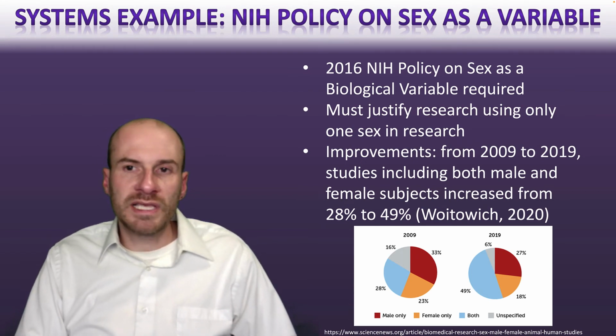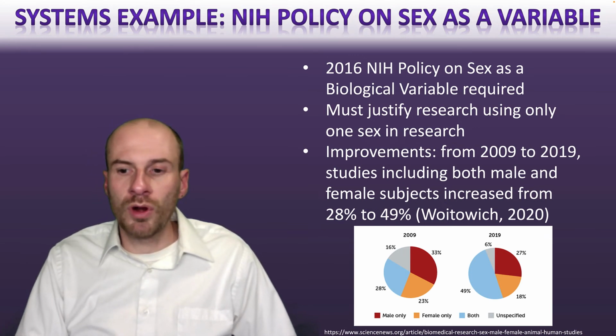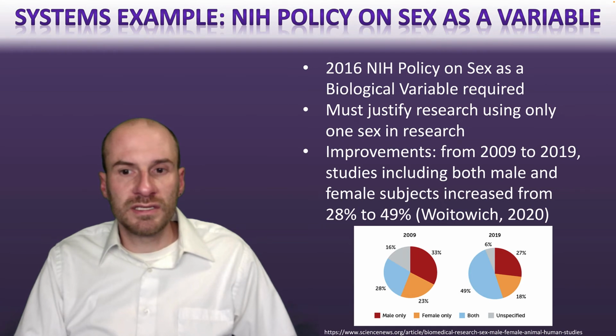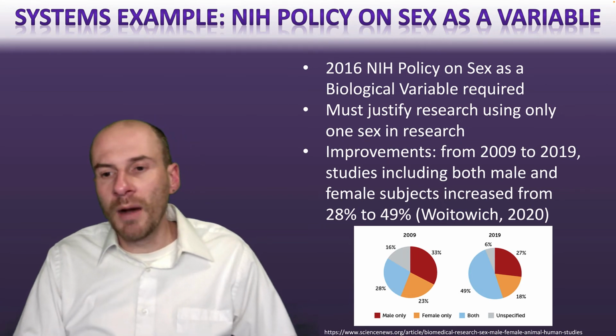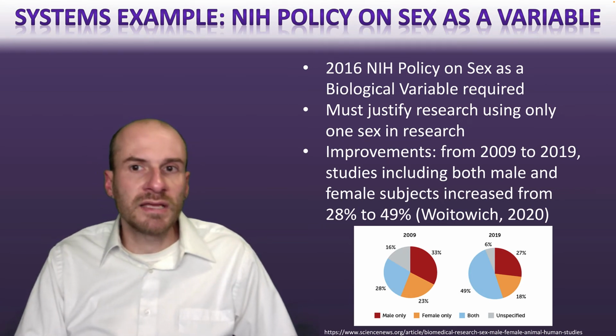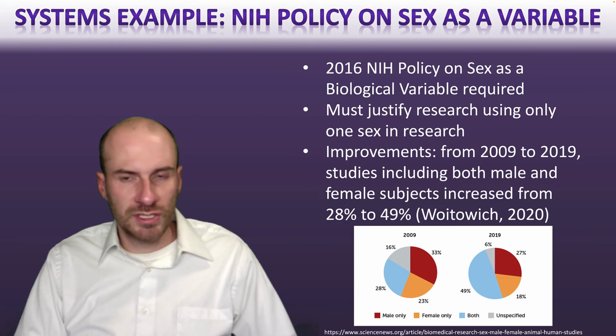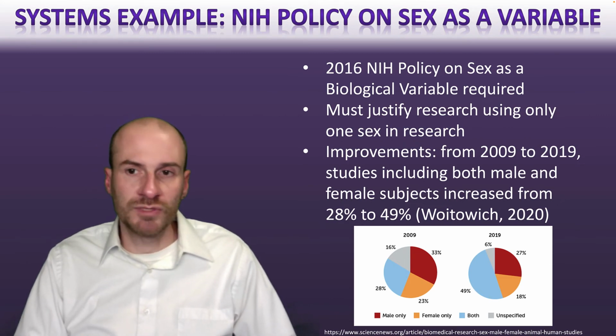And what we see after the enactment of that policy is that it led to studies that were more likely to study both male and female participants. Again, this is correlational, but it is suggesting that starting to integrate these systems-based approaches might actually force the research enterprise to start shifting the way it does things.